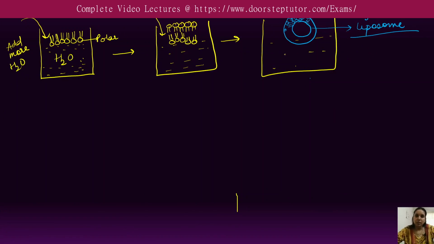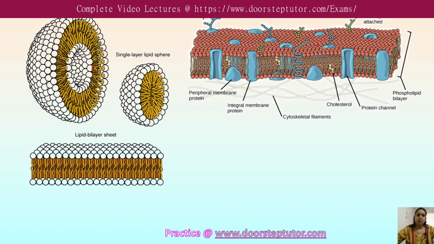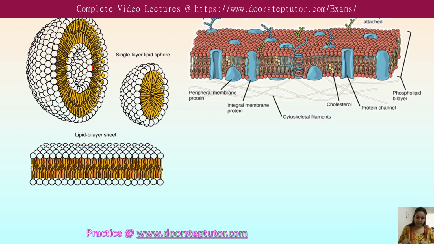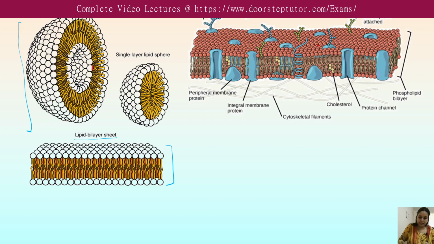Okay. Now let's switch to the next slide. Yeah, this is the case. This is the lipid bilayer sheet, as we have already seen, and this is the liposome structure. This is the half structure of it. If we see the polar head outside and inside, it's like this only.